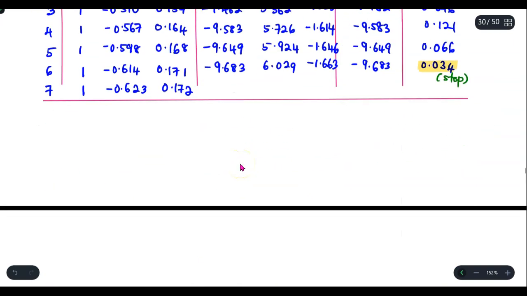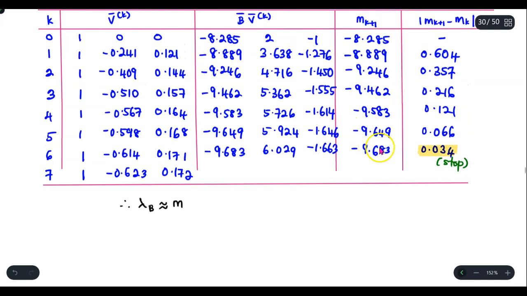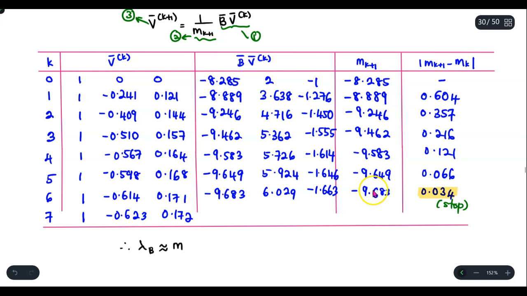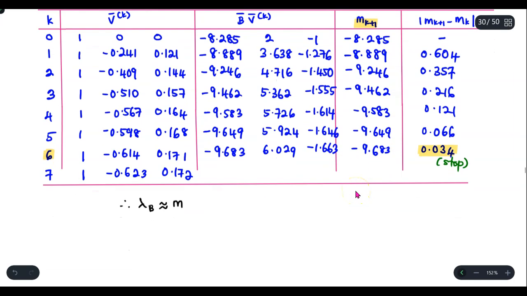So therefore lambda b, the dominant eigenvalue for matrix B, is approximately your m. So your latest m in the table here is this one, negative 9.683, which corresponds to the m7. Even though this is 6, this column is mk plus 1, so this value here is actually m6 plus 1, so m7. It should tally with your eigenvector at the end here.